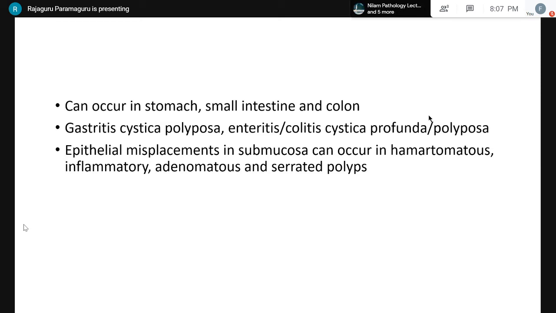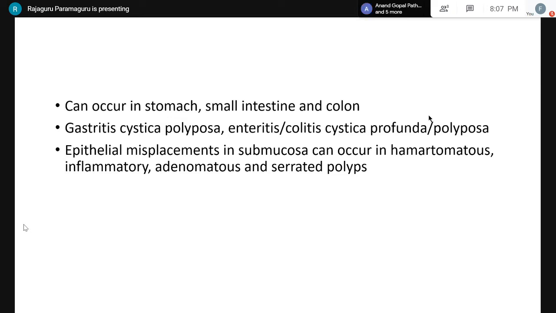This is basically with those which are associated with inflammatory conditions of the GIT, and epithelial misplacements can also occur with other types of polyps like a hamartomatous polyp, inflammatory polyp, adenomatous polyp, or the serrated polyps.